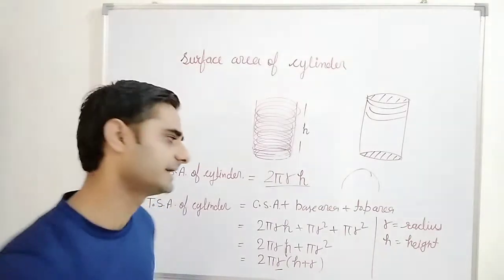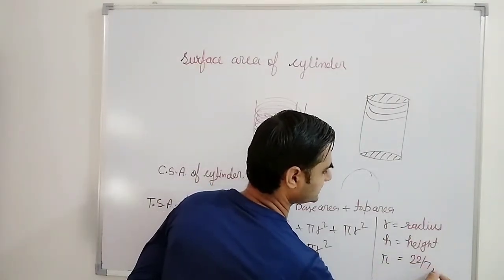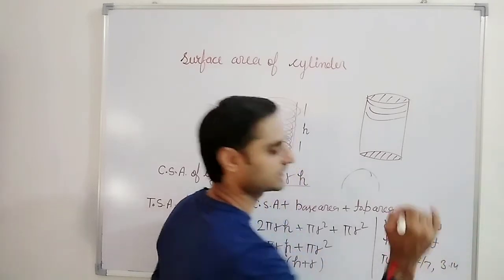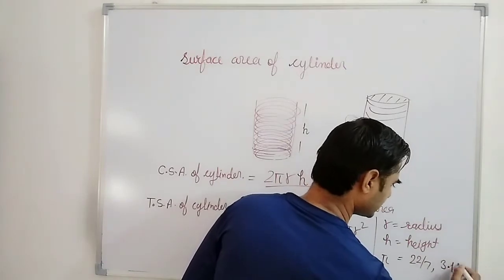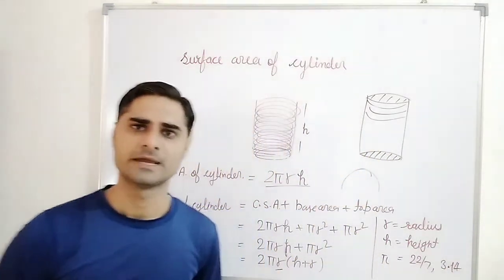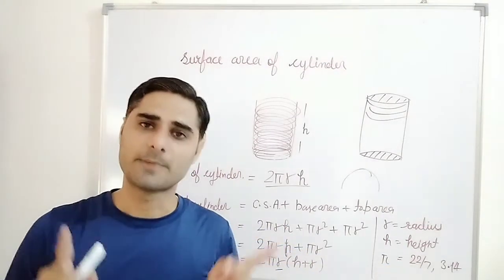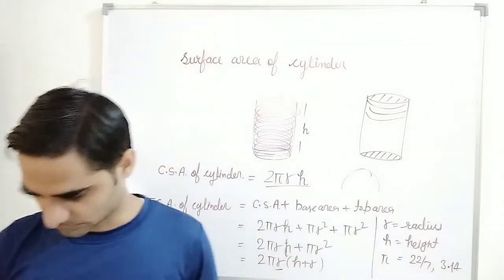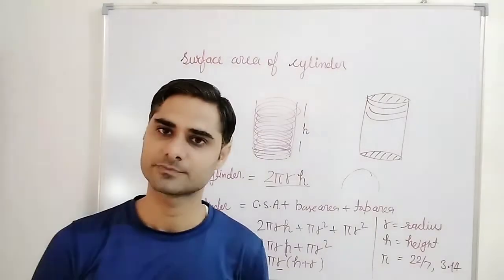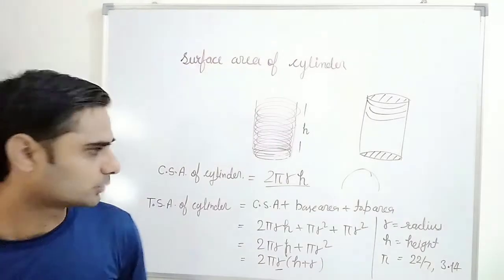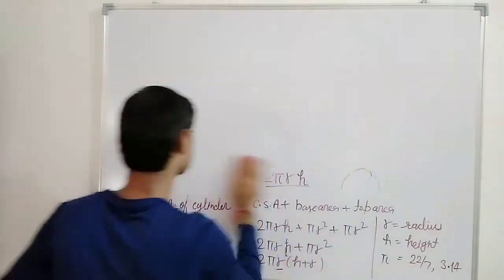The value of pi, generally we take 22 upon 7, and sometimes it is given as 3.14. If it is given, use the same. If it is not given, use 22 by 7. Now we will solve some problems related to this formula. Okay, let's do it.